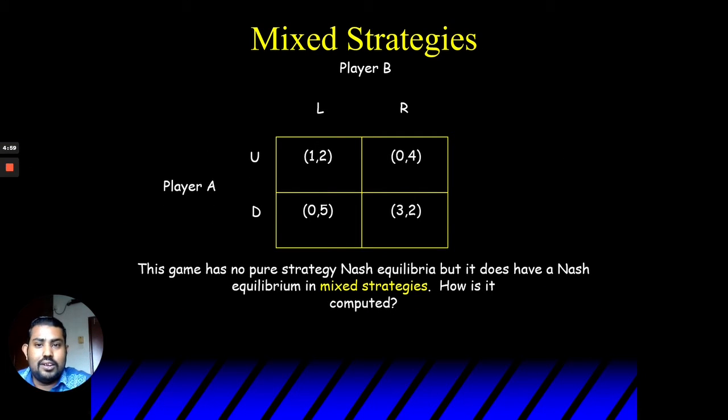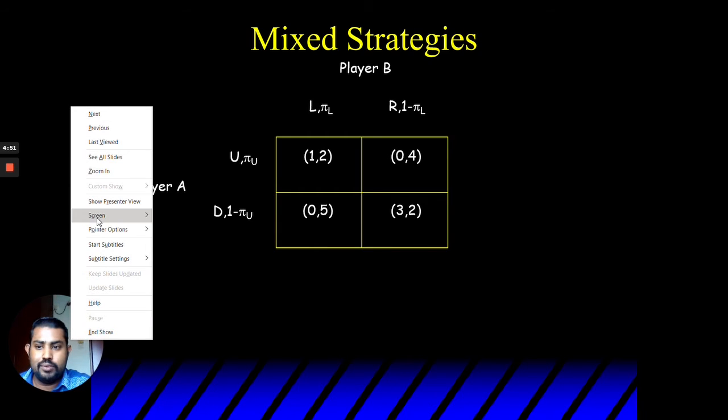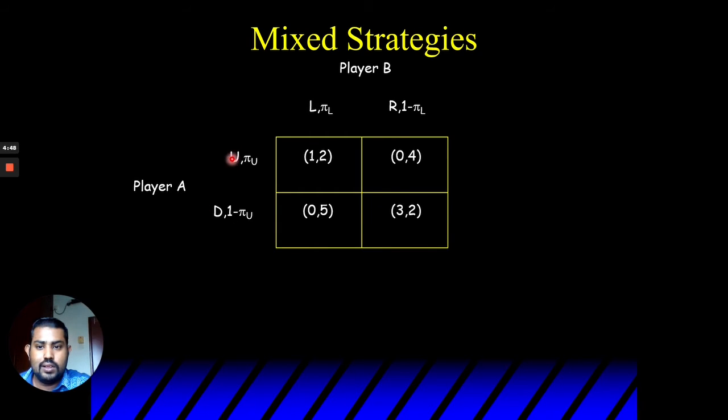Let's look at this example. You have player A playing up or down, while player B is playing left or right, and this is the payoff given. Let me open the pointer.